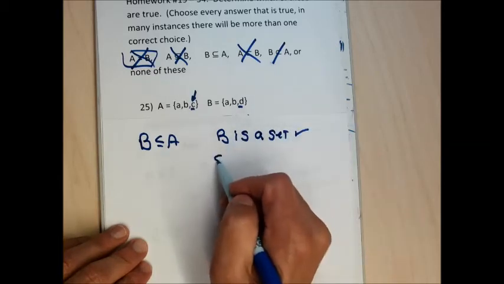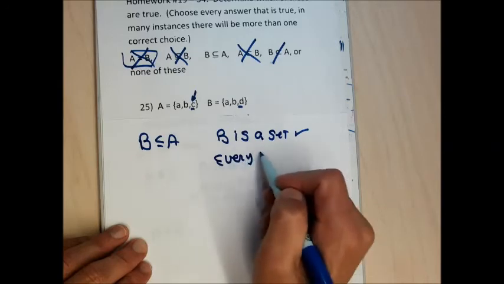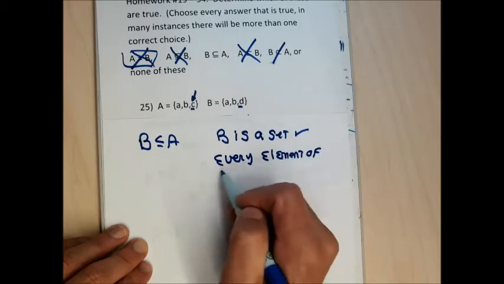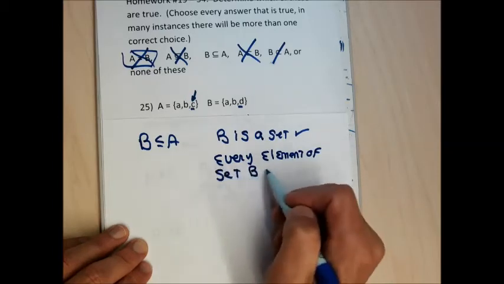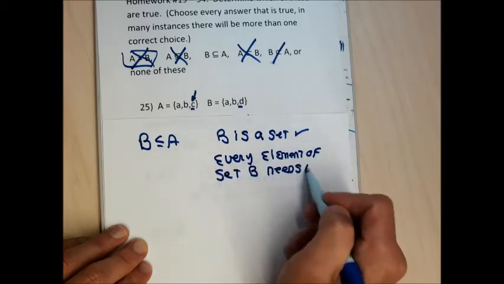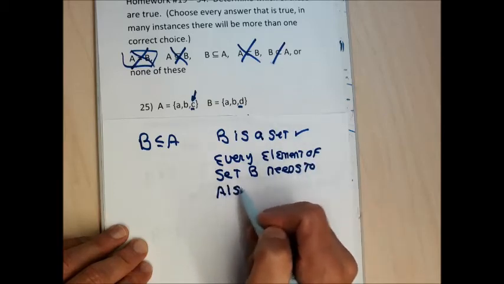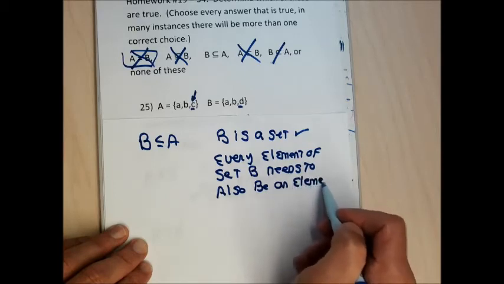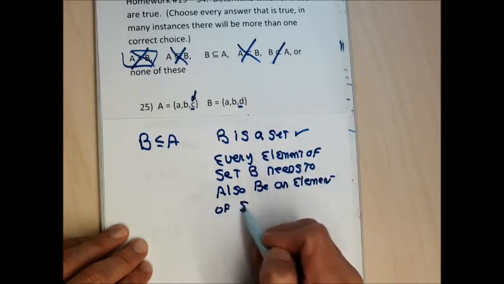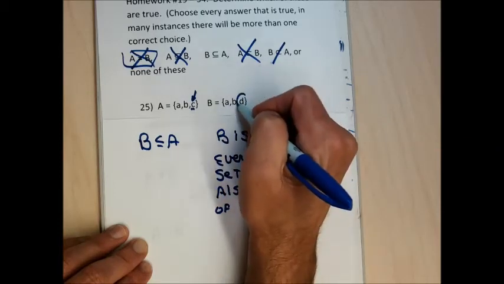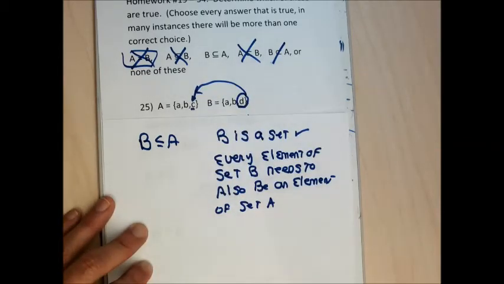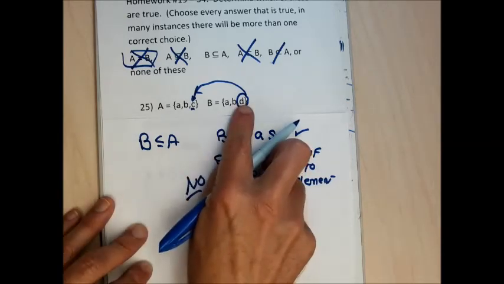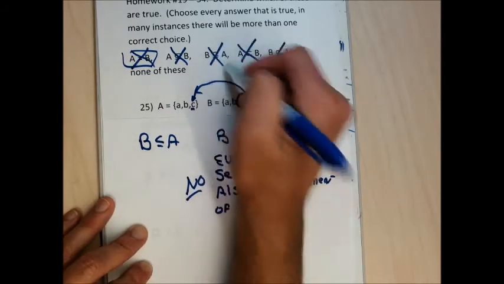And then every element of set B needs to also be an element of set A. And this element D is in set B, but it's not in set A. So I violate that rule because there's an element of set B that's not in set A. It makes it not a subset.